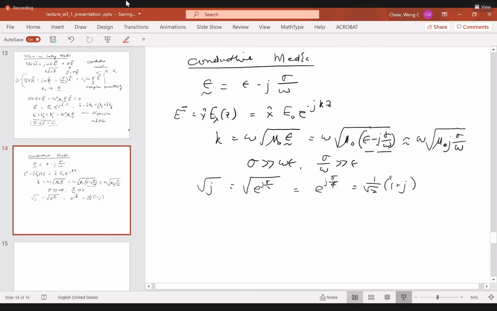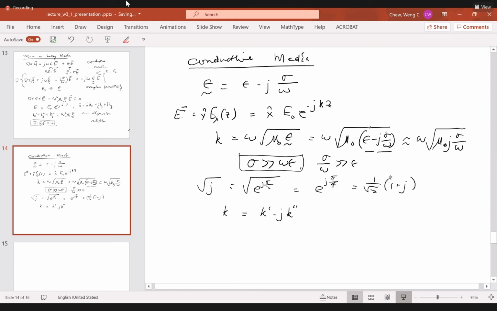You can show that if you take the square root of that, k will have two parts. Okay, it will have a real part and then an imaginary part. You can show that the imaginary part and the real part are almost equal to each other if you have a conductive medium where this is true.